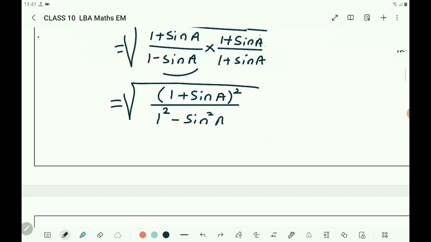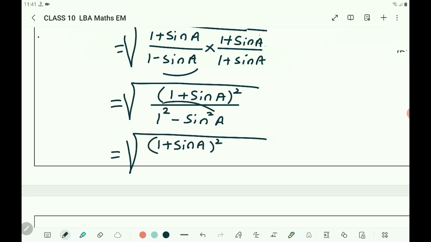Then equals, write the numerator (1 plus sin A) whole square as it is, and write 1 square as 1. This is 1 minus sin square A. Now here, whole root (1 plus sin A) whole square by 1 minus sin square A is there.